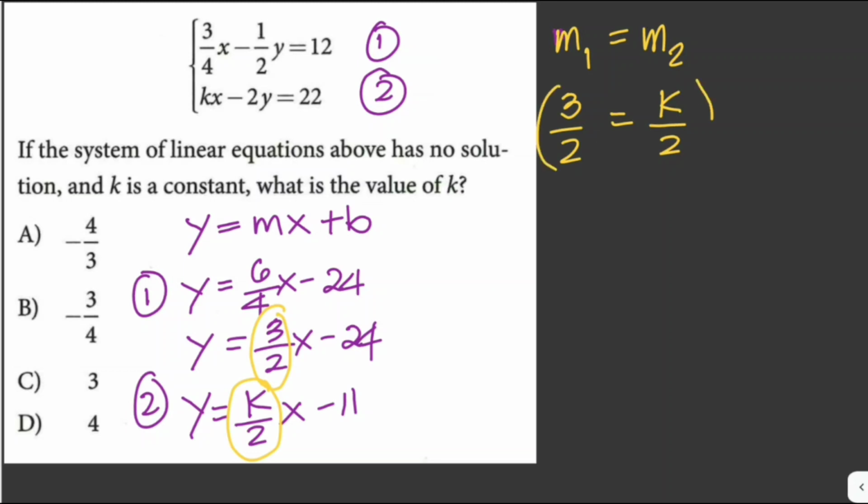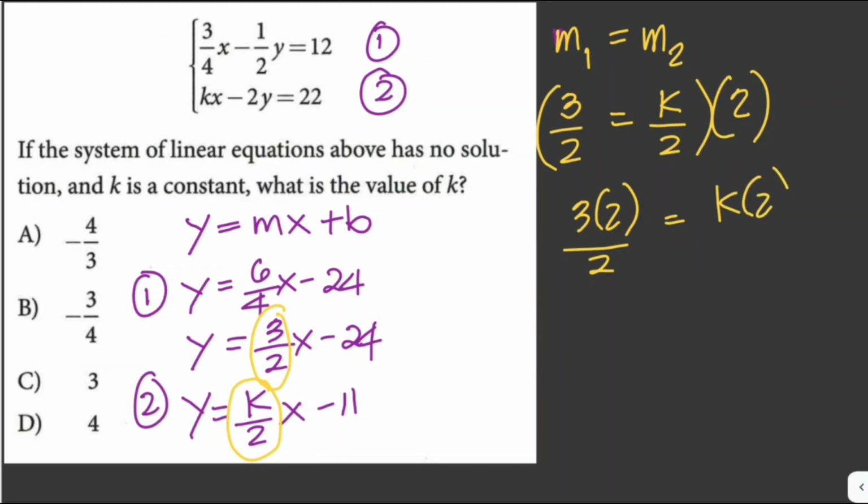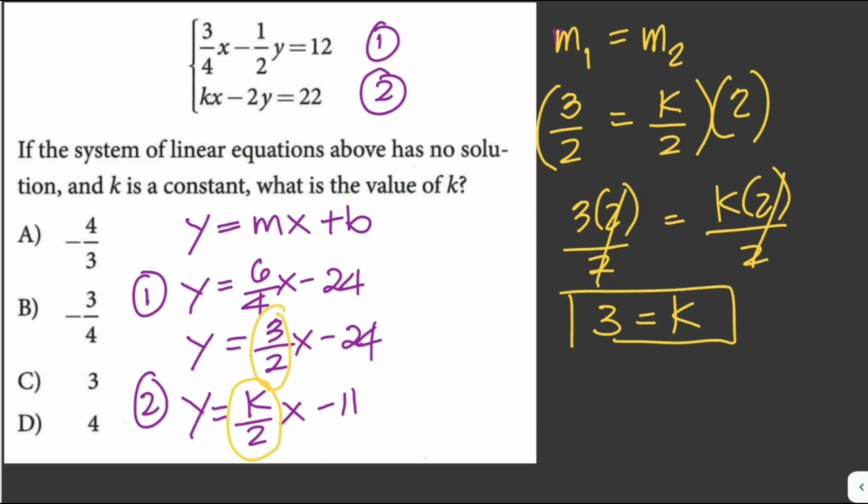We can multiply both sides by 2. So this would be 3 times 2 over 2 equals k times 2 over 2. The 2 cancels out. Therefore, k is just equal to 3. So the answer here is letter C.